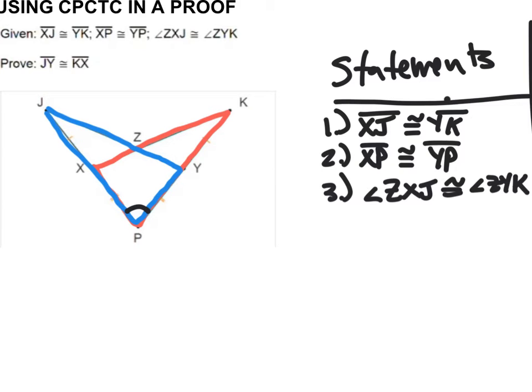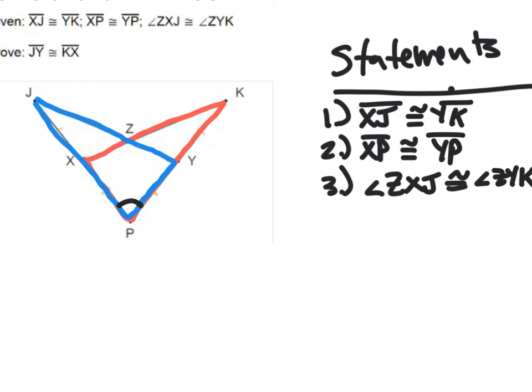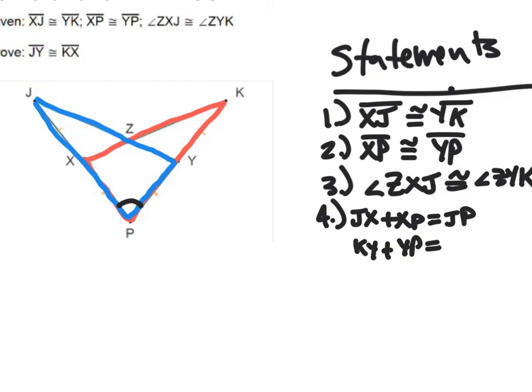So what I'm going to say is that JX plus XP, so let me do this. This is going to be a long proof here. What I'm going to say in step 4 is that JX plus XP is equal to JP. Okay, and then I'm also going to say that KY plus YP is equal to KP.